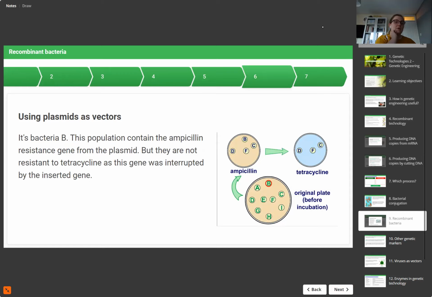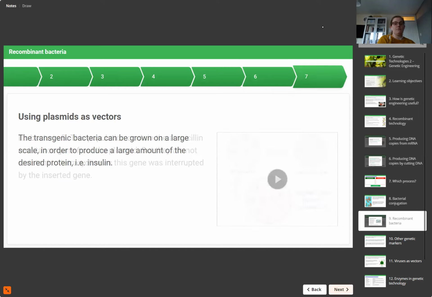So B is the bacteria that contains the desired gene. This population contains the ampicillin resistance gene from the plasmid, but they're not resistant to tetracycline as the gene was interrupted by the inserted gene. So that one shouldn't grow, and that is the one that we know is definitely the one.